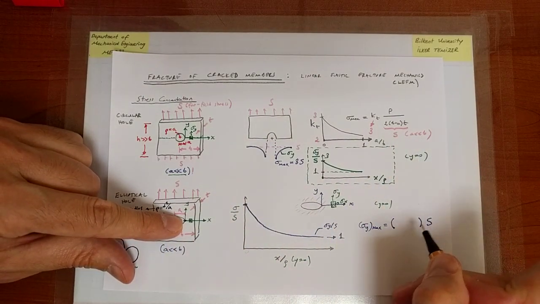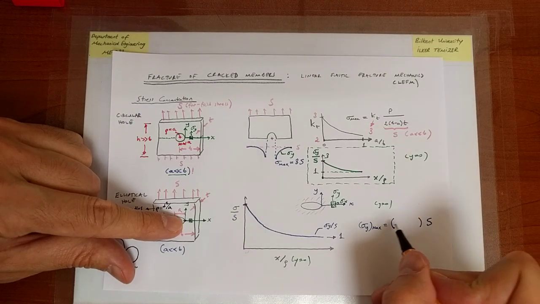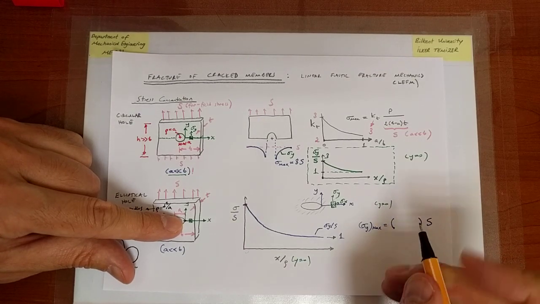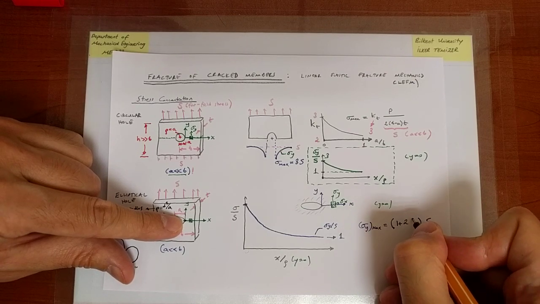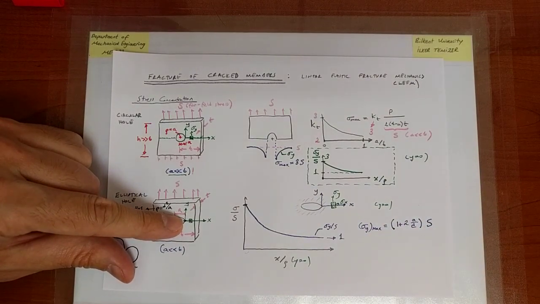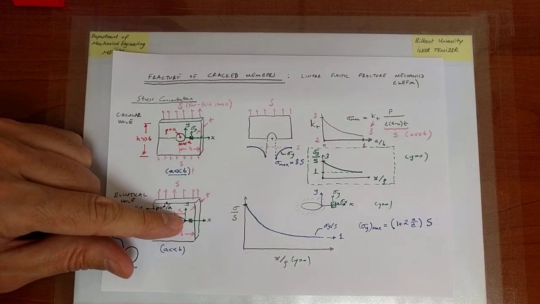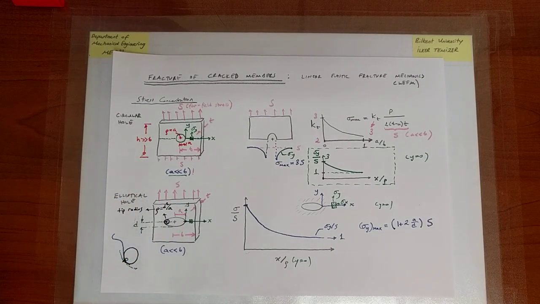So that's the average stress, and what's going to go here is the stress concentration factor, and that stress concentration factor is 1 plus 2a over b, which is what you might remember from your Mechanics of Materials course, part 1.